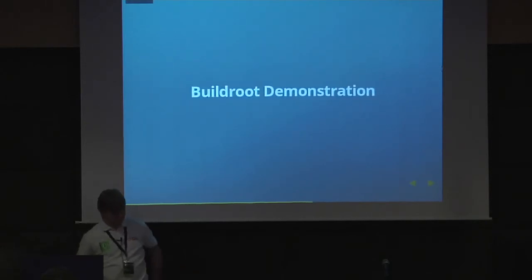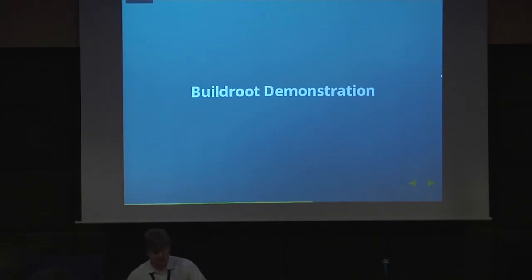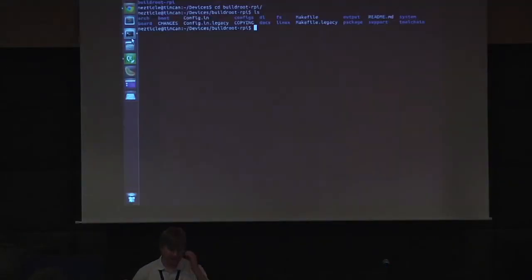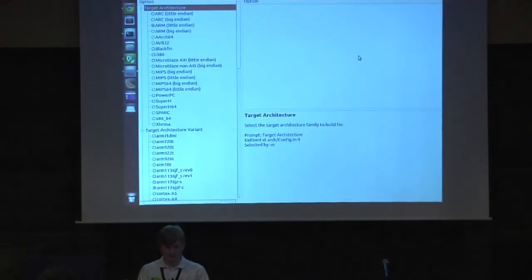So let's see. What I've done is actually pulled down and built a Buildroot system. And what it provides is very similar to the kconfig tool. I can say make xconfig, and it should open up a configuration dialog where I can actually select all the parameters that I want to make to build for a device.